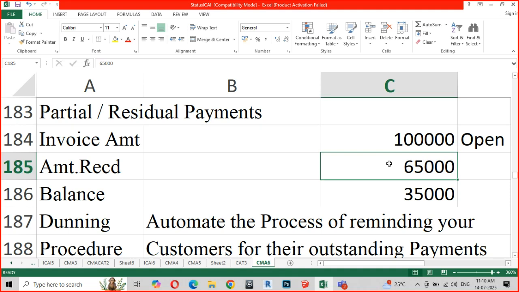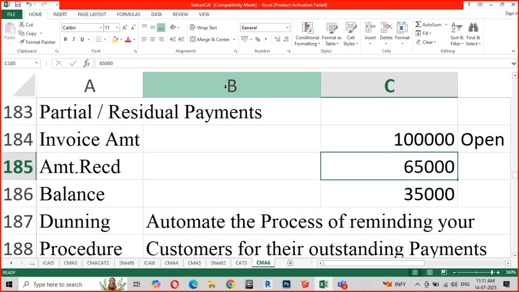Now, how does the system behave when you take care of this transaction through the partial payment option? And how does the system behave if the user who's recording this receipt is using the residual payment option?